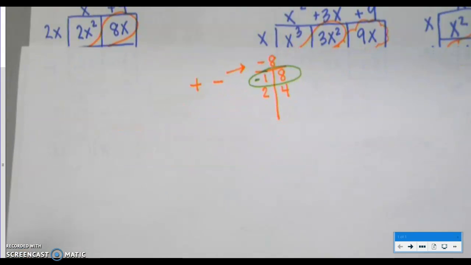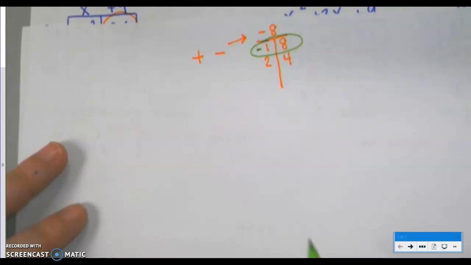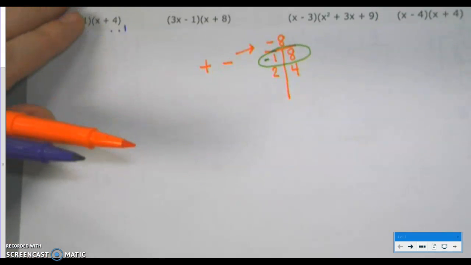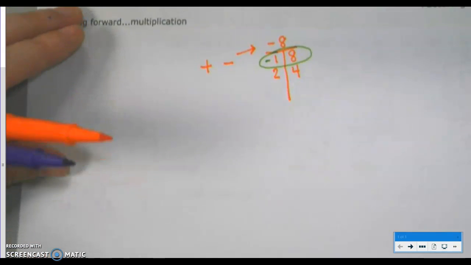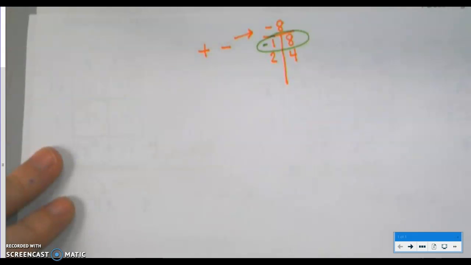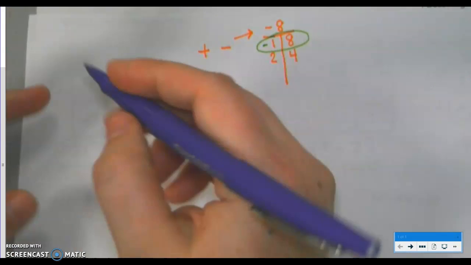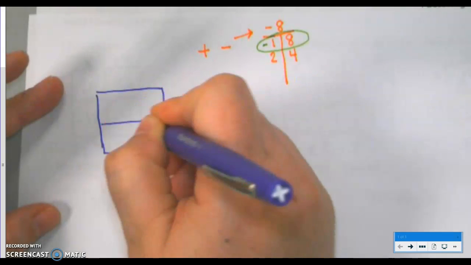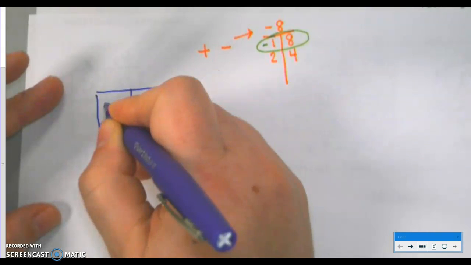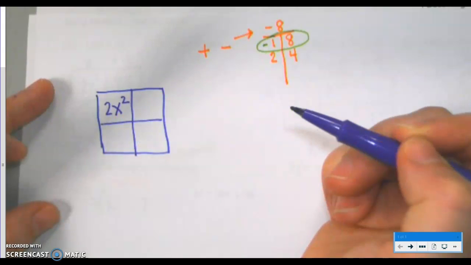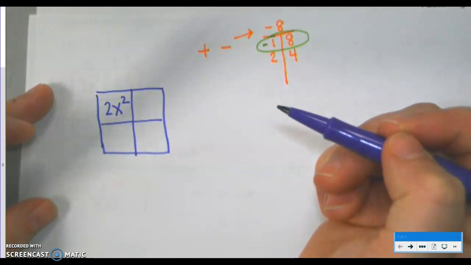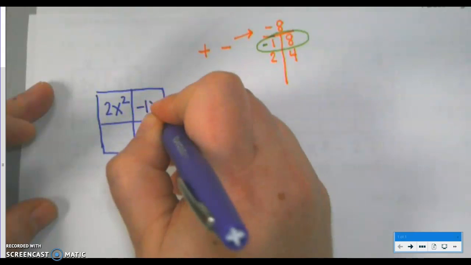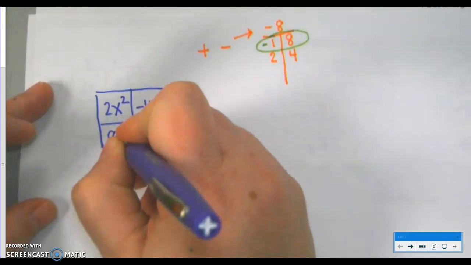So I'm going to show you 2 ways from here. Now that I know my numbers are negative 1 and 8, if you're doing it graphically with the box to help you organize it, I know 2x squared has to go there, and then it doesn't matter where you put them as long as you put them in these diagonal boxes.